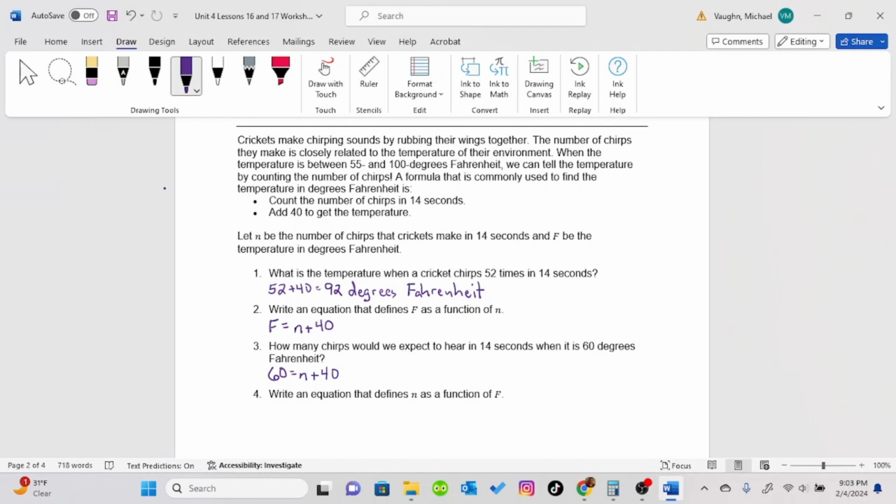Now we would subtract 40 from both sides, and we get N equals 20. And N represents the number of chirps. So 20 chirps in 14 seconds.